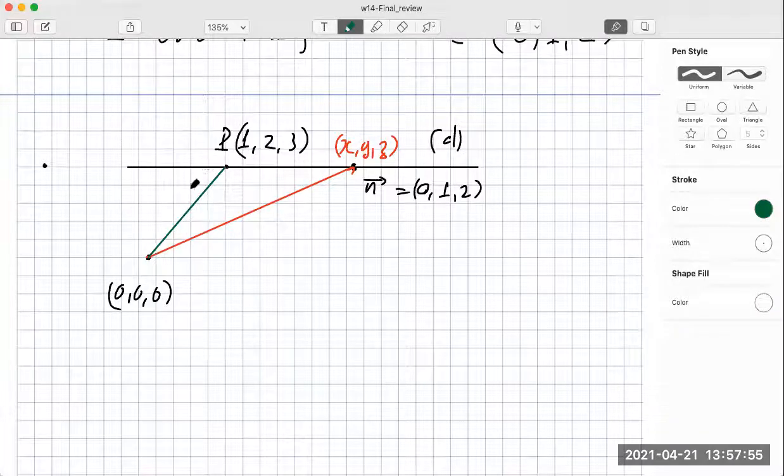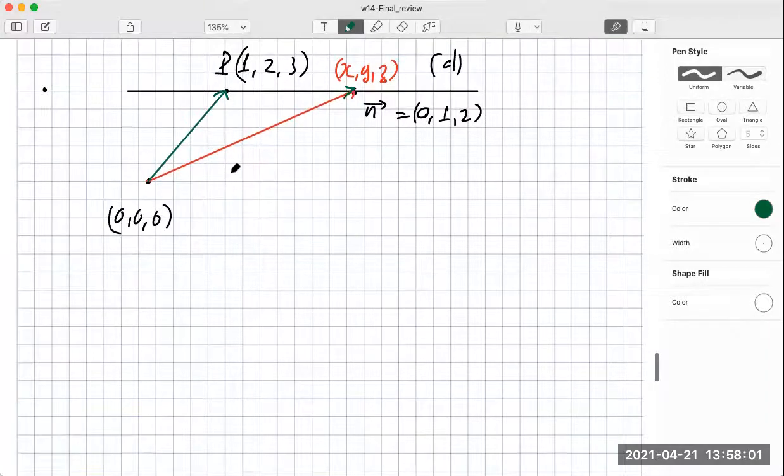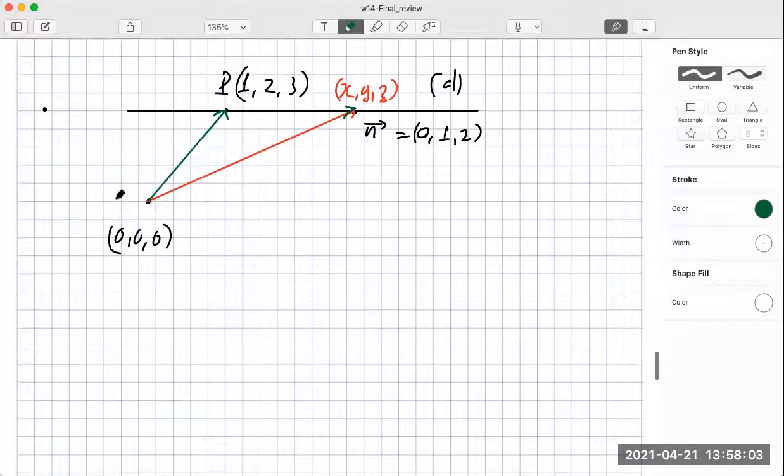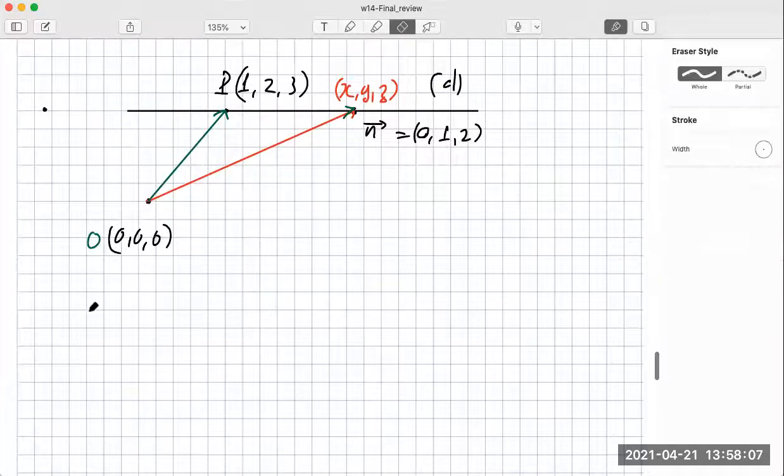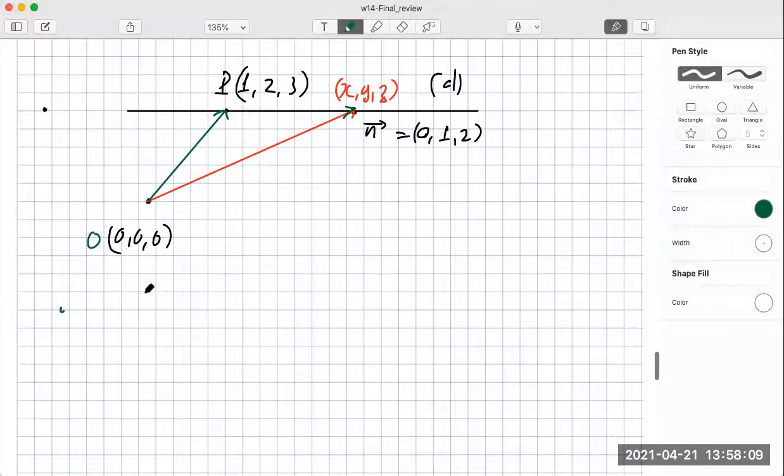From the vector properties, we know that, let us call it the origin O, and OP, we're looking for the vector, let us call it R here.